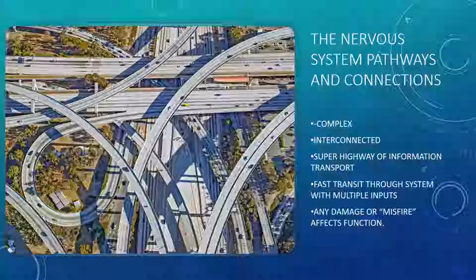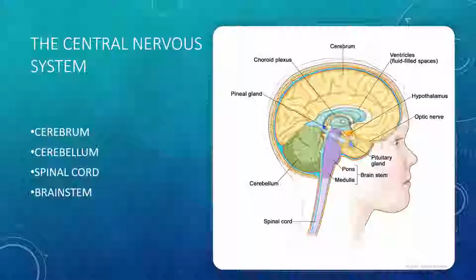It's very complex, very interconnected, and it's just a super highway of information that gets transported all over the nervous system and out into the periphery. It receives a lot of input, organizes it, and makes a motor response. So just like with a freeway, any kind of damage or any kind of slowing anywhere is going to affect function in the whole system.